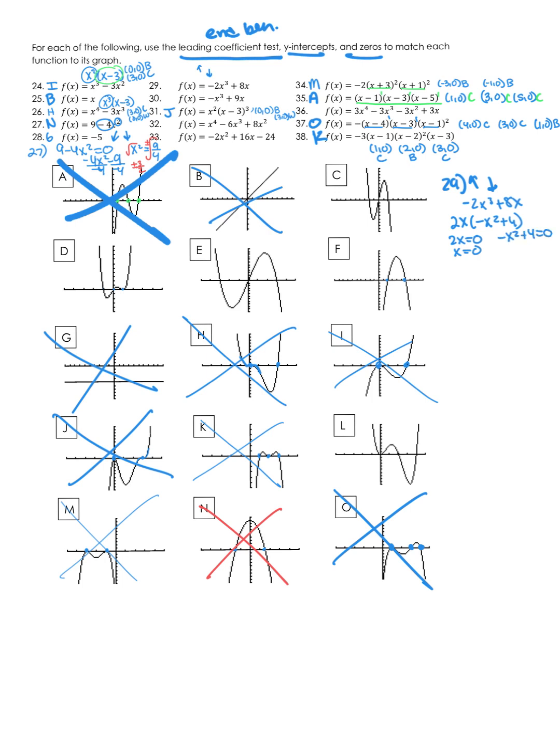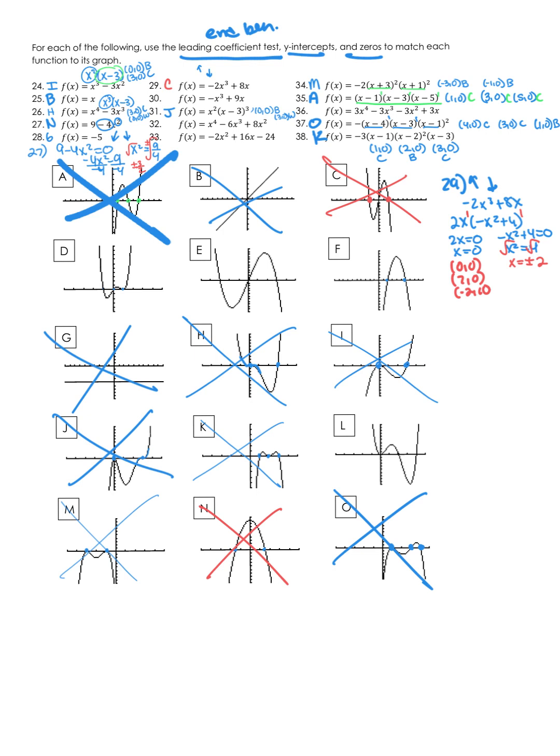Here, add x squared, you get x squared equals 4, square root both sides, and you get x equals plus or minus 2. These will all be crosses, because it's just 1 for each of these. So we'll cross at (0, 0), (2, 0), and (negative 2, 0). Those are all crosses. So this E is too wide. That's 3 and negative 3. This one is 2 and negative 2. So we're at C here for 29.